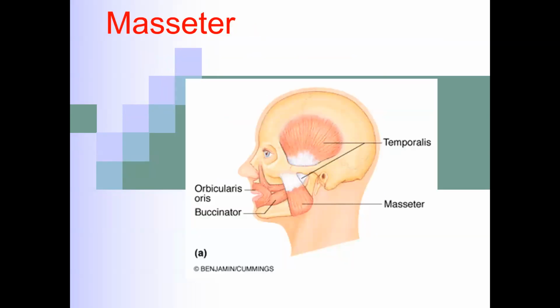Then we have our masseter muscle. Our masseter muscle helps us to masticate. So masseter, masticate. What does masticate mean? It means crush your food, right? So if you notice the position of this muscle here, we have an origin, right?